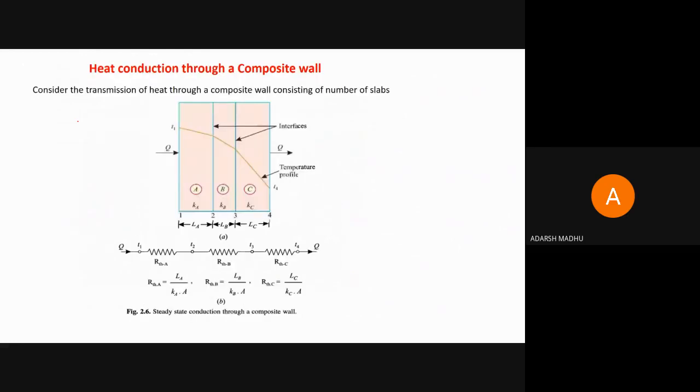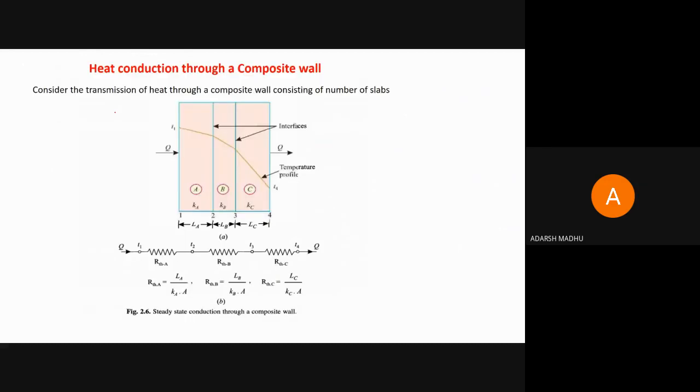Q of the first equals Q of the second equals Q of the third, equals total Q. That is, Ka into A into T1 minus T2 by La equals Kb into A into T2 minus T3 by Lb equals Kc into A into T3 minus T4 by Lc, equal to Q.